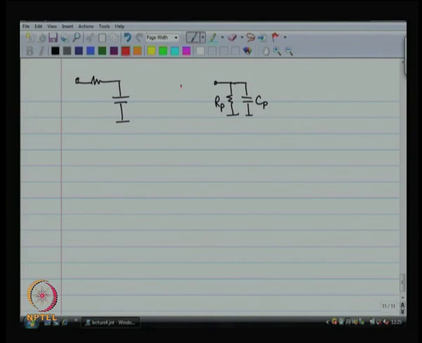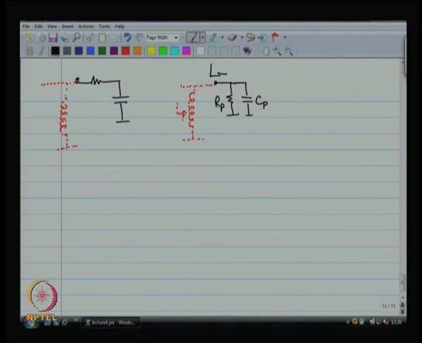And here the inductance is imaginary. Okay. The inductance is imaginary.